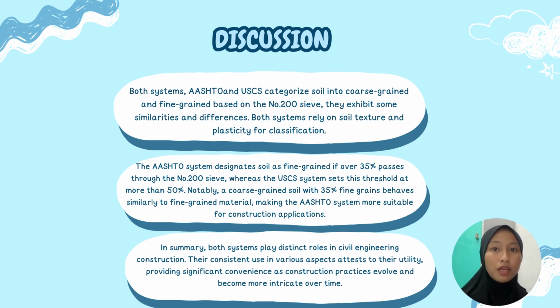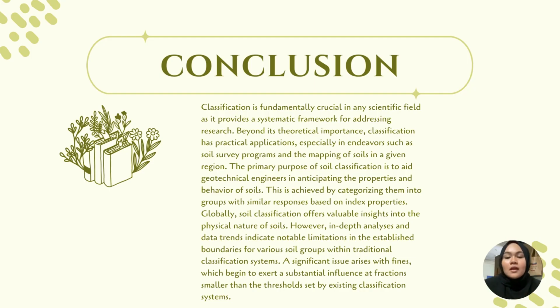Notably, a coarse-grained soil with 35% fine grains behaves similarly to fine-grained material, making the AASHTO system more suitable for construction application. In summary, both systems play distinct roles in civil engineering construction. Their consistent use in various aspects attests to their utility, providing significant convenience as construction practice evolves and becomes more intricate over time. So the last part is the conclusion.